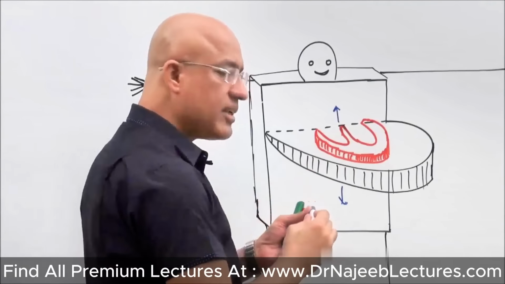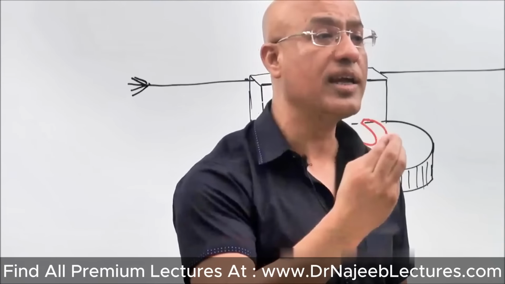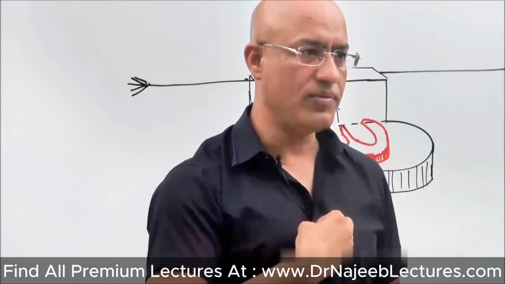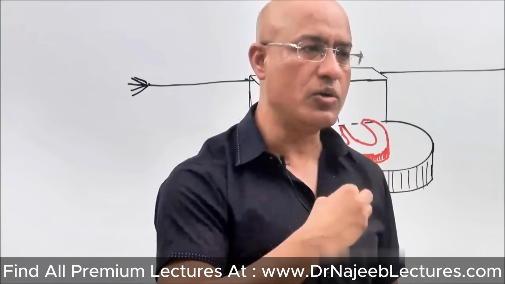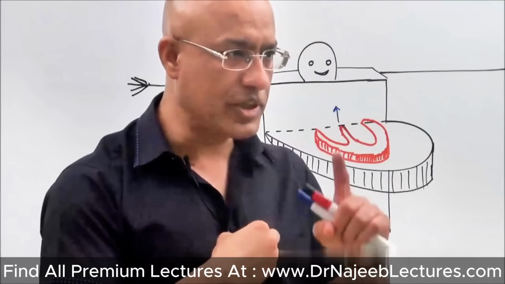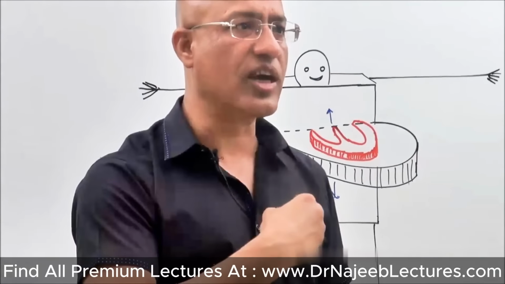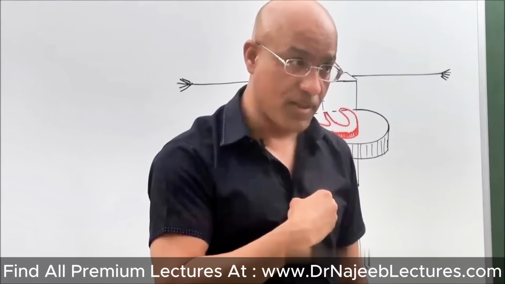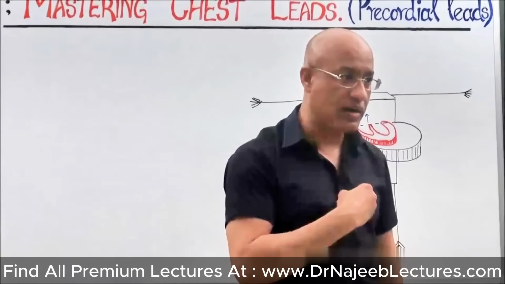Now, chest leads are designed in such a way that we put the exploring electrode on the chest wall, which determines the electrical potential at the site of the electrode, produced by the electrical activity of the heart.